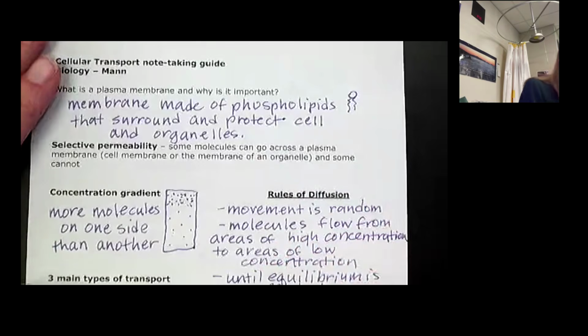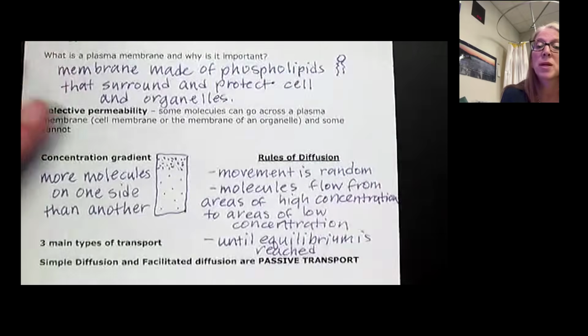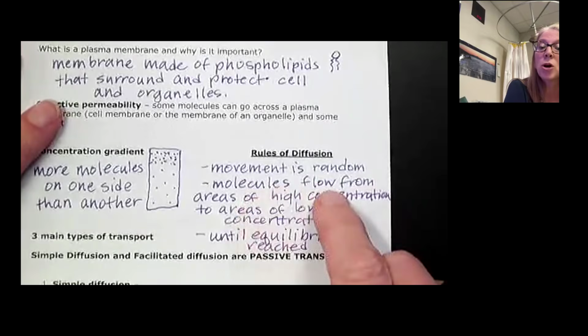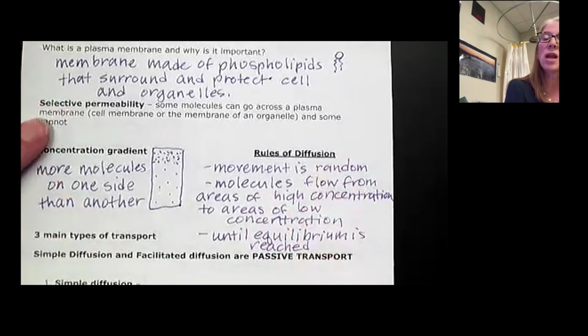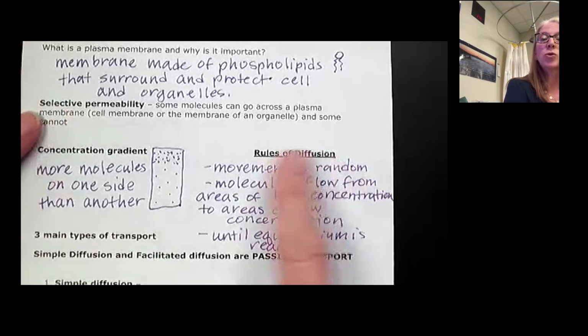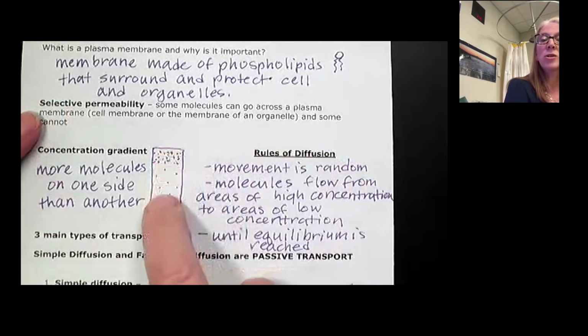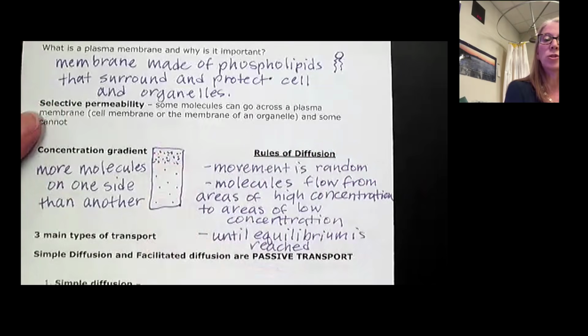And it's always good when you can use a little rhyming to help you remember something. So molecules flow from high to low. That is the natural order. So without us doing anything weird to force things to go differently, this is the natural order. And so this means that molecules are following along the concentration gradient. They're moving from an area of high concentration to low concentration.